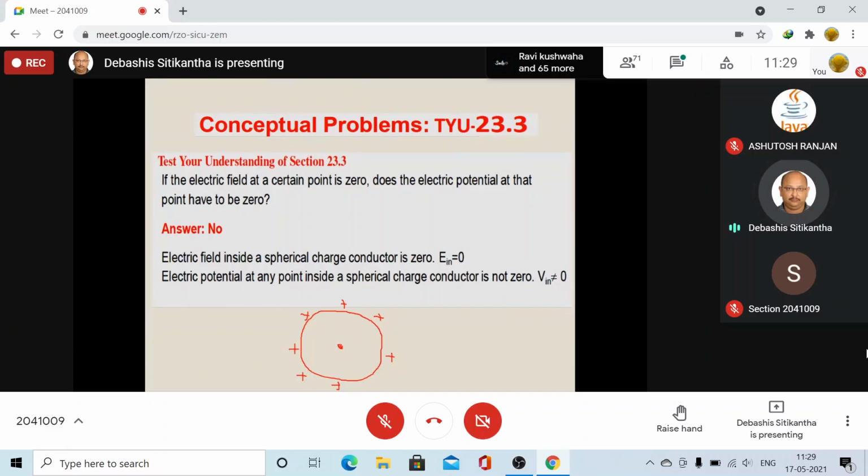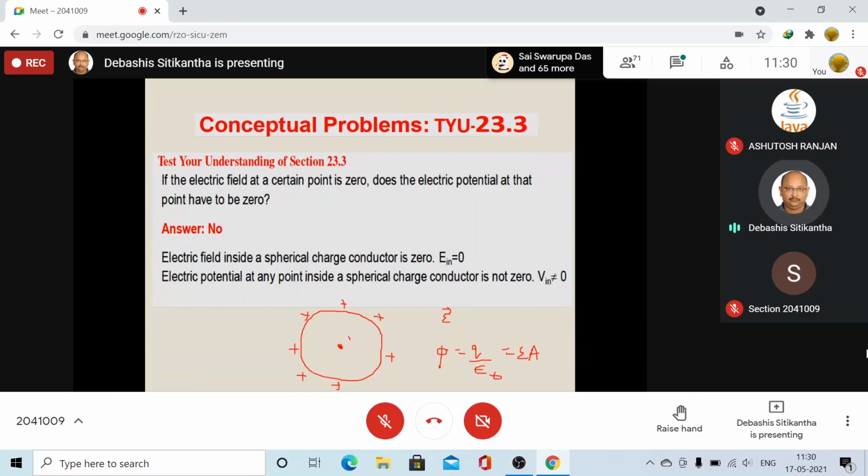Over here, the electric field is going to be zero. Why? Because by applying Gauss's law, we can find the electric field in a very simple manner: phi is equal to Q enclosed by epsilon 0, and phi is nothing but EA, that is the electric field times the area of the Gaussian surface.